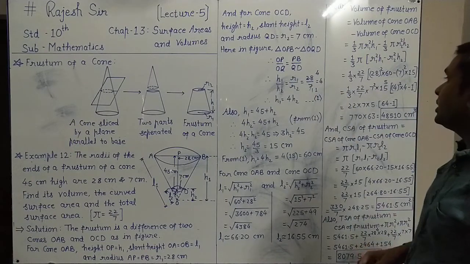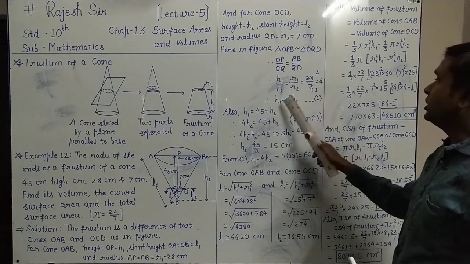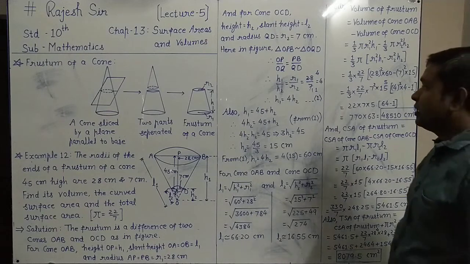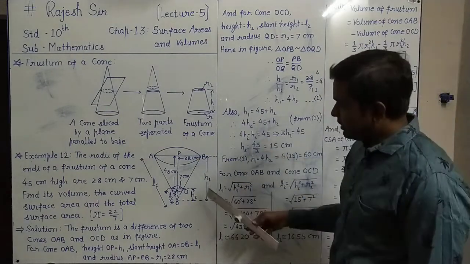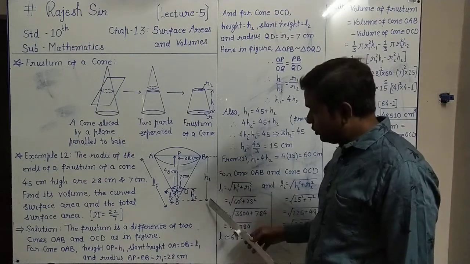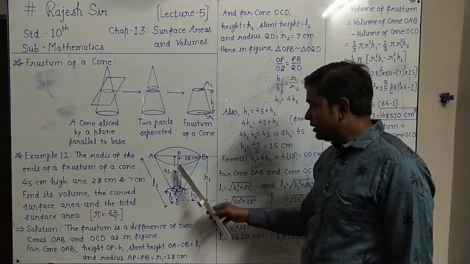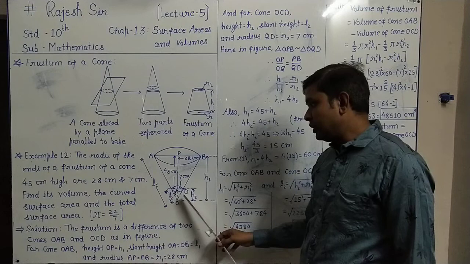From this you can make H1 equals H2 multiplied by 4. So H1 equals 4H2, say result 1. Also, one thing is clear from the figure, that H1, the full height of this cone, is the sum of the height of the frustum, 45, and the height of the smaller cone, H2.